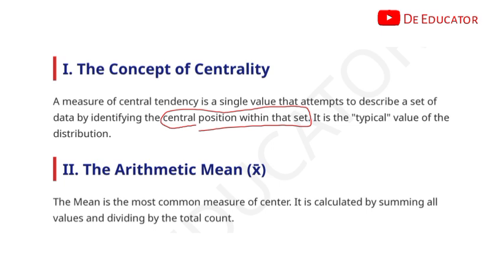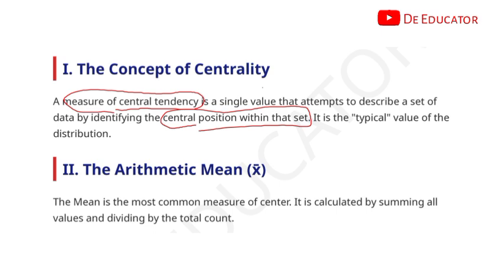You should know it is the measure of central tendency. It is using a single value to describe a set of data, by identifying the central point within the set. As we move on, you will understand what this concept of centrality means.